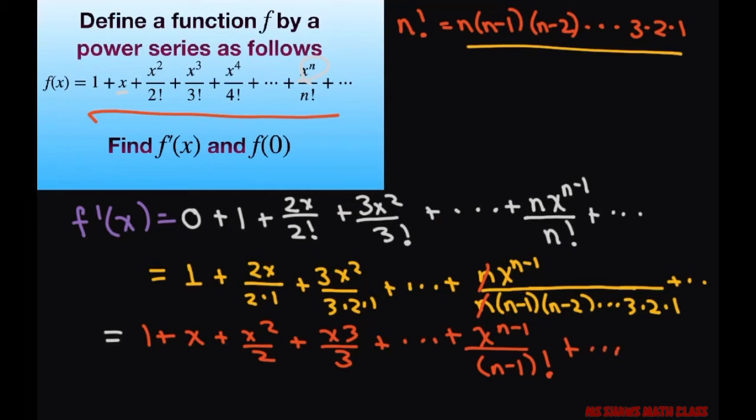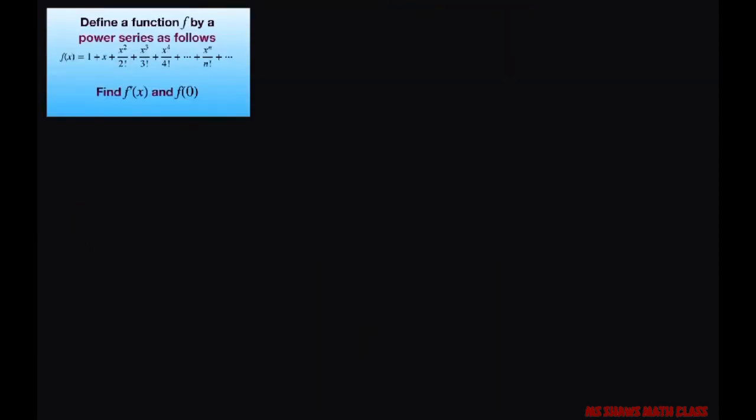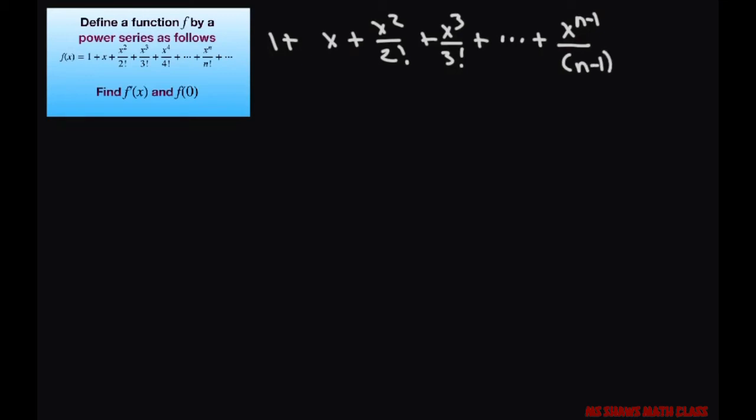Now this simplifies to 1 plus x squared divided by 2 factorial plus x cubed divided by 3 factorial plus dot dot dot plus x to the n minus 1 divided by n minus 1 factorial, and then finally we have x to the n power divided by n factorial plus dot dot dot.